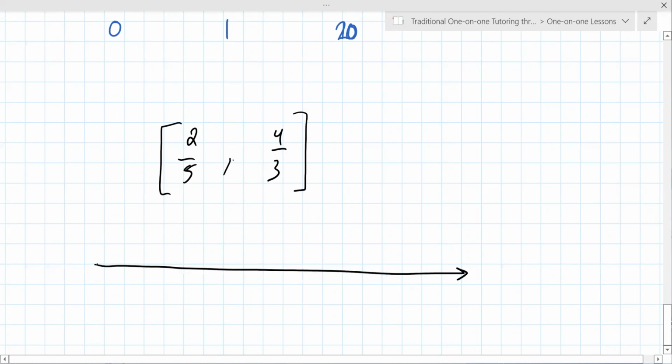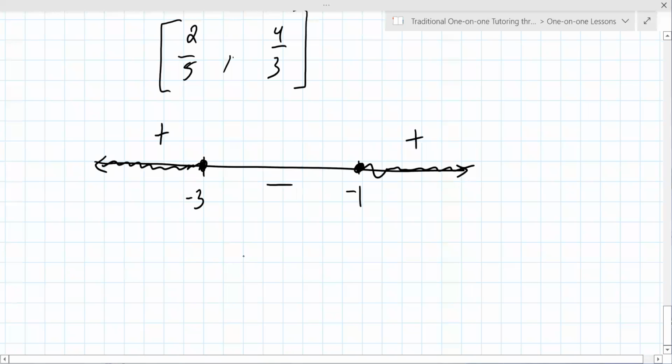Okay, so real quick here, let's just say this is -3 and this is -1, and I'm going to give you the sign chart here. So this is plus, minus, plus, and we want where, let's assume the problem is asking for where it is greater than or equal to 0.